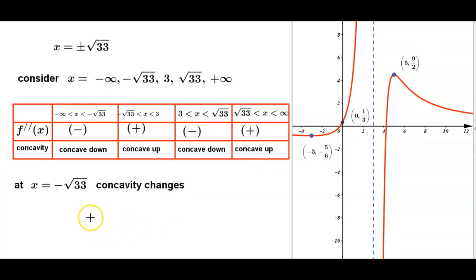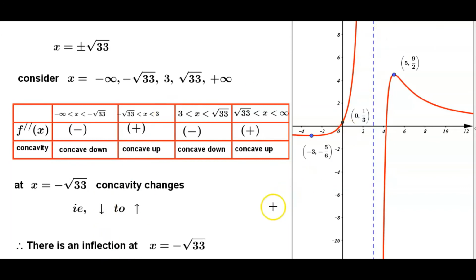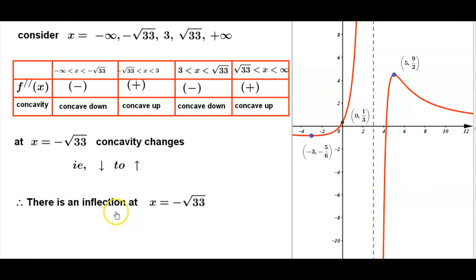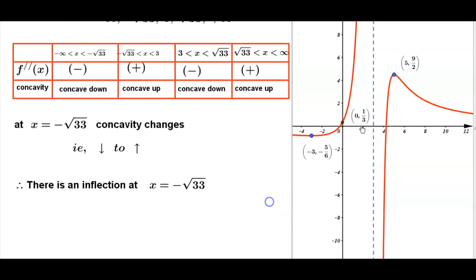At x is equal to minus root 33, have a look. Concavity changes from down to up. So concavity down to up means, that means down to up. Therefore, this is an inflection point. At x is equal to minus root 33, there is an inflection.